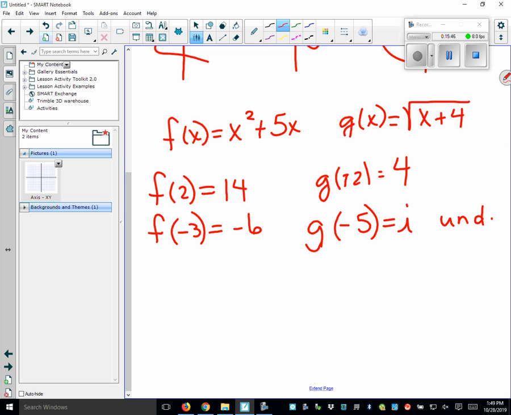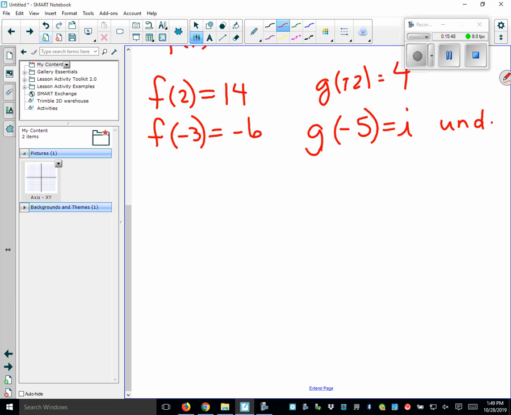What is the domain for this problem? Negative infinity to 4. No. Or negative infinity to negative 4.